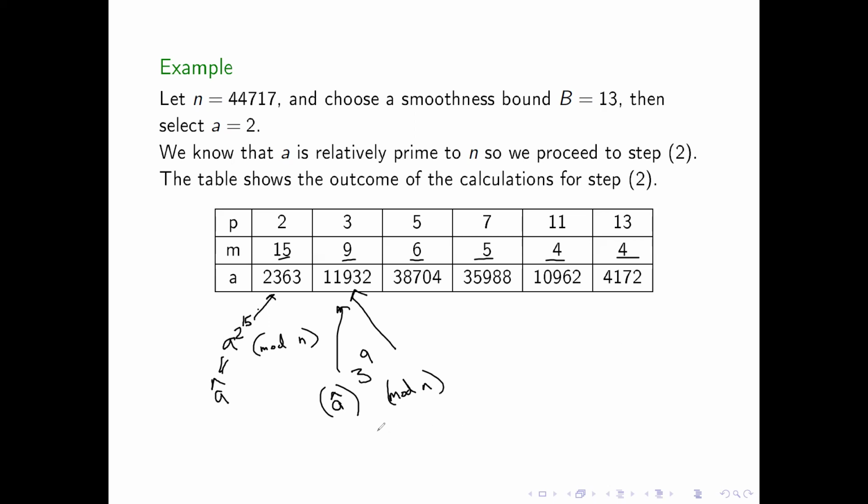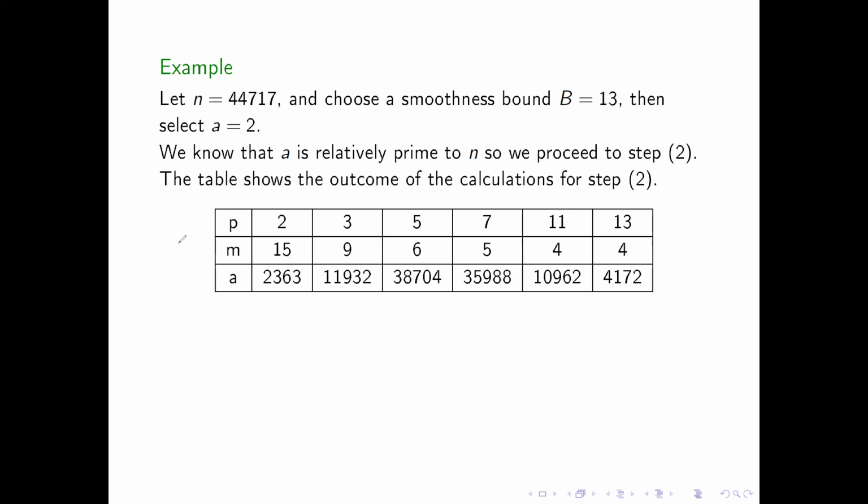And then we take this whole thing right here, replace it, and raise that to the 5 to the 6th power mod n. That's going to give us 33,038. And we keep going through this process over and over again. Hopefully that helps make the iteration process make a little more sense.